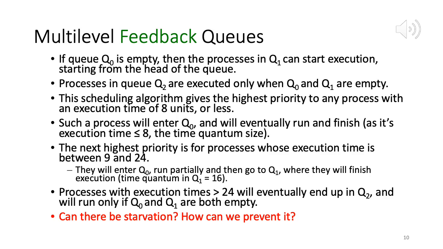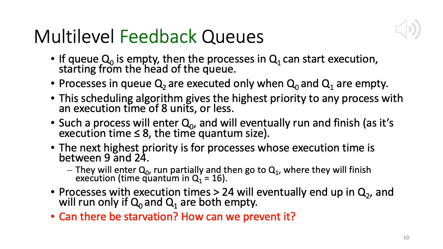So the question here is, in this multi-level feedback queue scheduling scheme that we see here, can there be starvation? Which means, can we have a scenario in which a particular type of process will have to wait for an extremely long amount of time?